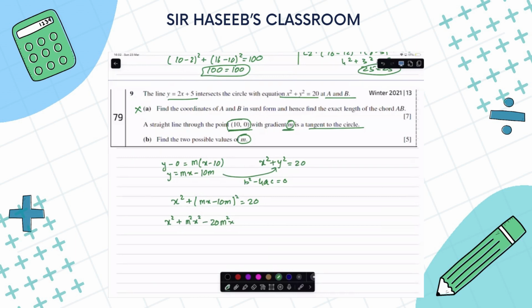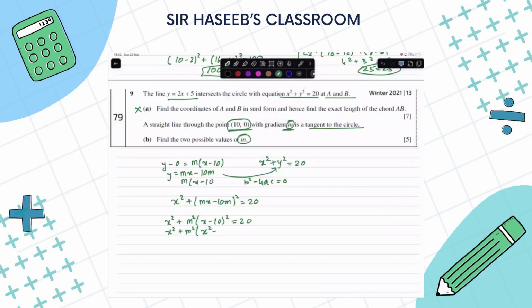And one second, here it is mx minus 10m, right? Take m common: m square times x minus 10 whole square equals 20. So m square x square minus 20 m square x, x square minus 20x plus 100 equals 20.